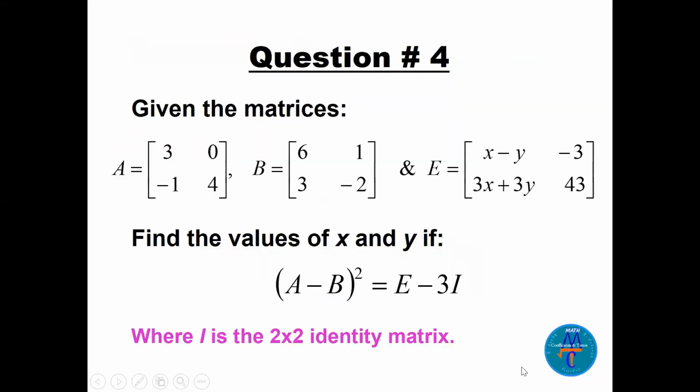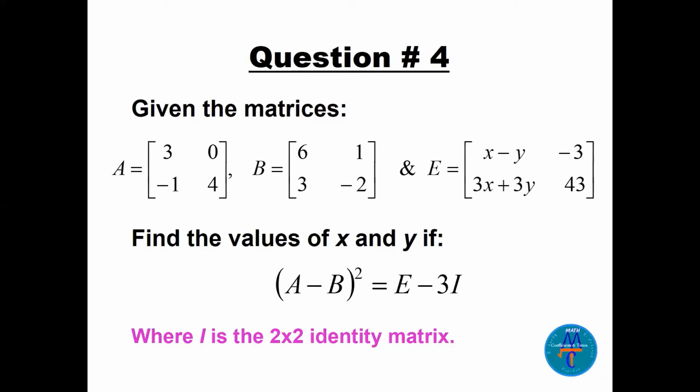That's question number 3. Question number 4, we have to find x and y. A little harder, but not complicated. We have matrix A, 3, 0, minus 1, 4, matrix B, 6, 1, 3, minus 2 given. Matrix E is given also, but in matrix E we have x minus y, minus 3, 3x plus 3y, 43, and we need to find the values of x and y.